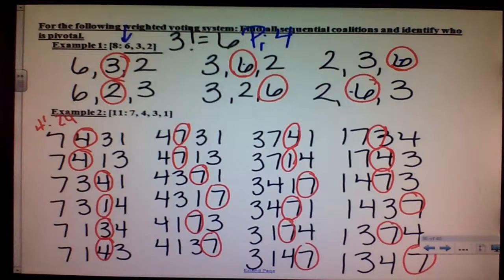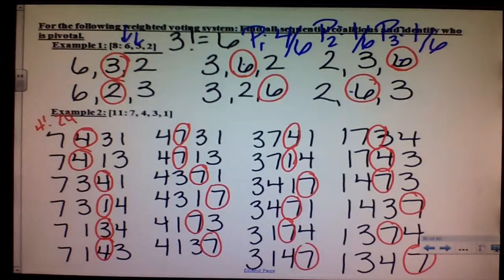So they were pivotal 4 times. How many times was player two pivotal? Once. That's your 3. And player 3 was pivotal once. For a total of 6. So 4 out of 6, 1 out of 6, 1 out of 6.